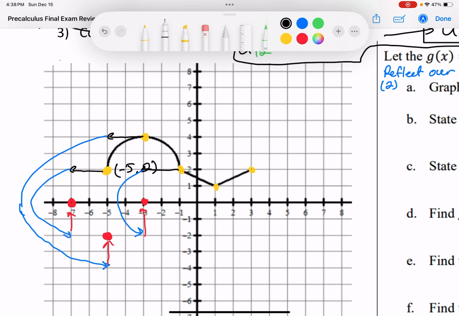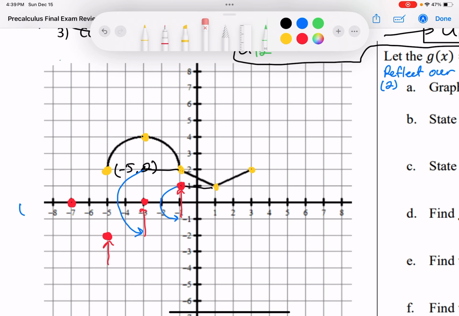But anyways, repeat the process. Move this next yellow point 2 units to the left. Reflect it across the x-axis. And then move it up 2 units. So the point is right here. And now I'm going to start erasing some of these guidelines. So I'm going to erase this.